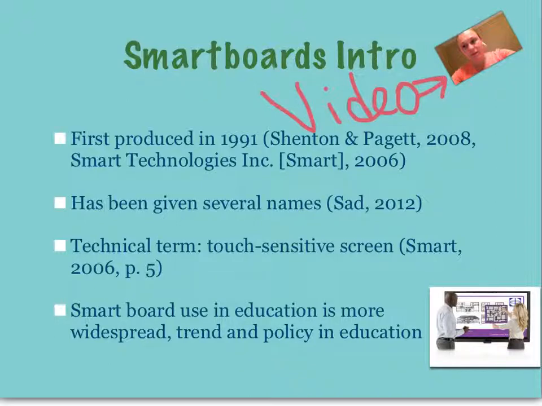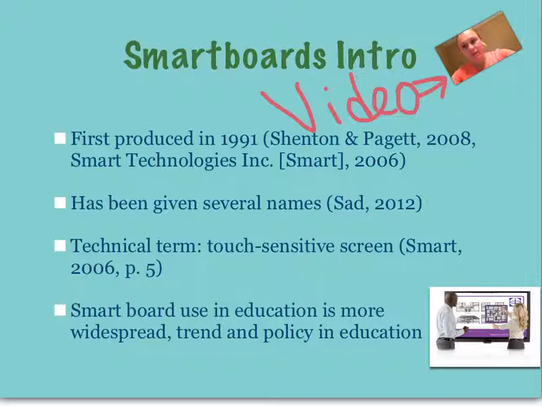Smart Boards Intro. Smart boards were first introduced in 1991. They have been given several names, including interactive whiteboard, electronic whiteboard, or smart board. In technical terms, they can be described as a touch-sensitive screen that works in conjunction with a computer or a projector.